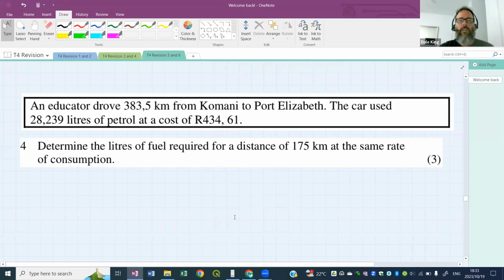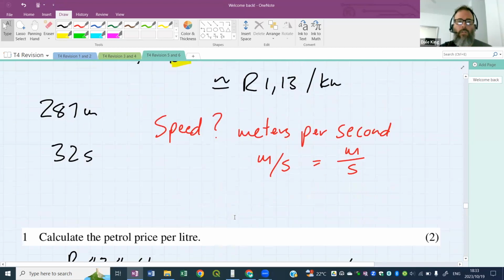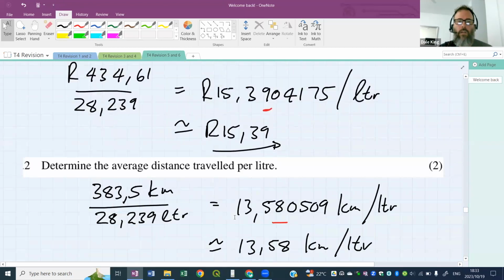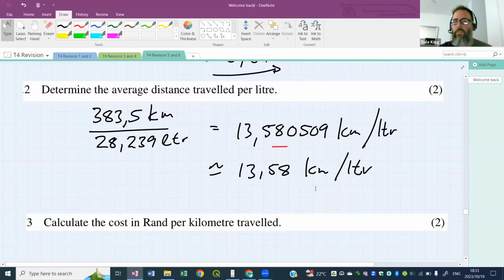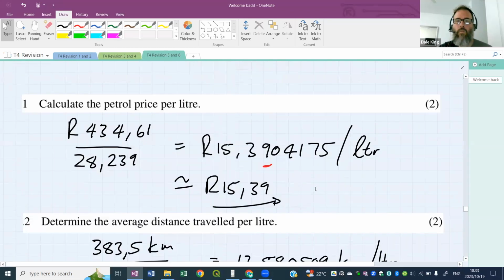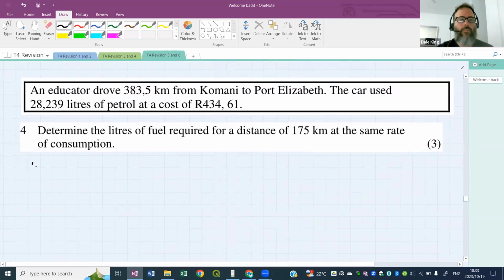So how many liters for a number of kilometers? Didn't we work that out somewhere? Liters per kilometer, or kilometers per liter. We've got kilometers per liter. We've got that there. You travel 13.58 kilometers for every 1 liter. I'll write that up here.